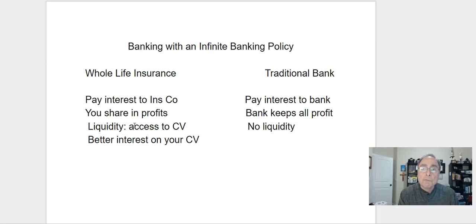Now, when you borrow from an insurance company, your cash value continues to grow unhindered. This is important. So if you're cranking out 4.5%, 5%, 5.5% over here in your cash value, it's still going to continue to earn interest and dividends. You're just going to pay back the interest to the insurance company for borrowing the money.